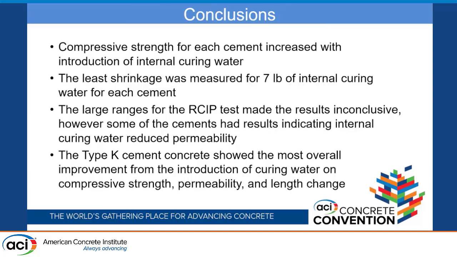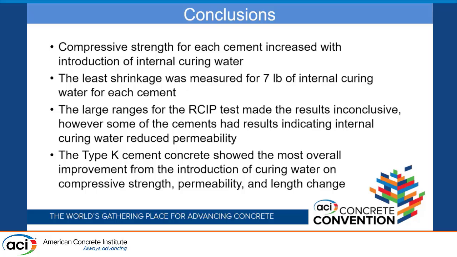So the conclusions that we could draw from this initial study was that we did see an increase in compressive strength as we included internal curing, again, without any kind of external curing included. We saw the least amount of shrinkage when we had 7 pounds of internal curing water for each type of cement.